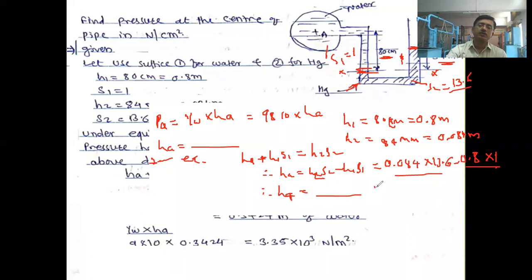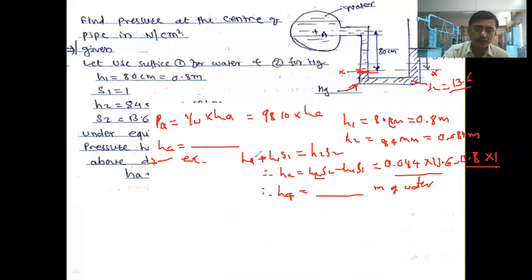After finding this value of HA in terms of meter of water, the next thing is that you put that value in the equation PA equals 9810 into HA. What is HA?